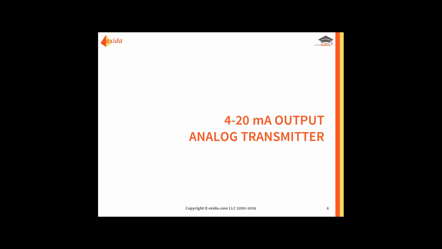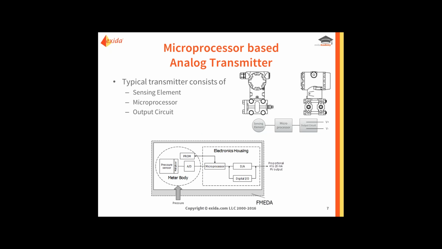So let's start with a 4 to 20 milliamp output analog transmitter. To be a little bit more precise, I'm going to talk about a microprocessor-based version of that. If you just Google for analog transmitters, you may find a picture, as you see in the upper right-hand corner here, of what a typical transmitter may look like in the process industry.